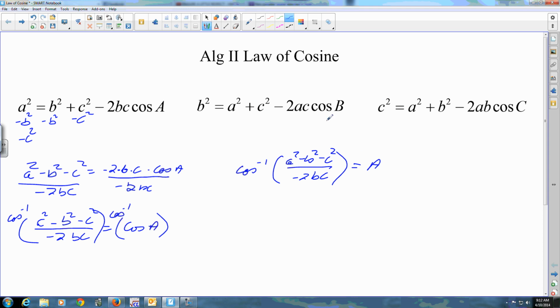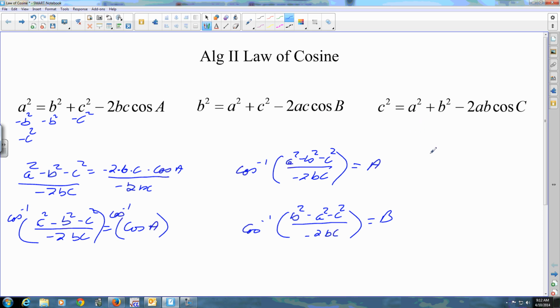This same thing's going to work with these guys. If I were to solve for this, I'd get inverse cosine, but B squared is going to be first. The other two sides will come second, and whatever these two are going to show up on the bottom. You guys can take the time and solve these. You'll see what I'm talking about. In the interest of making the video, I want to move things along.